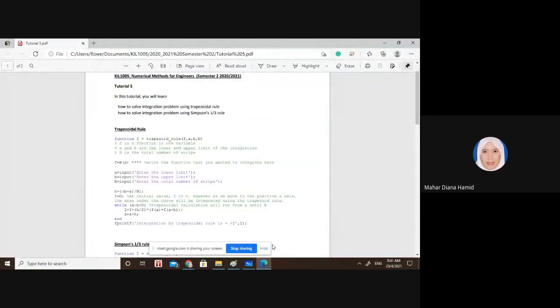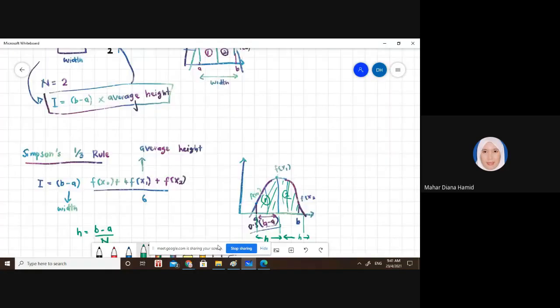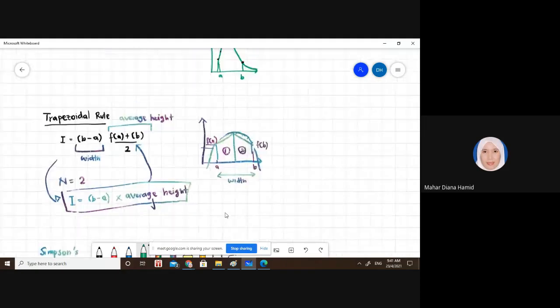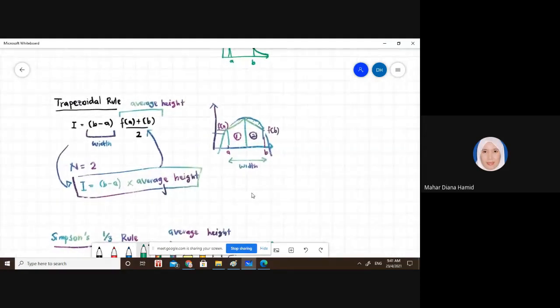If we refer back to the graphical representation, it would be something like this. A here is the lower limit, B is the upper limit, this is the equation, the function, and also the number of segments. So this is if we have 2 segments. If we have 1 segment, it would be a straightforward trapezoid.